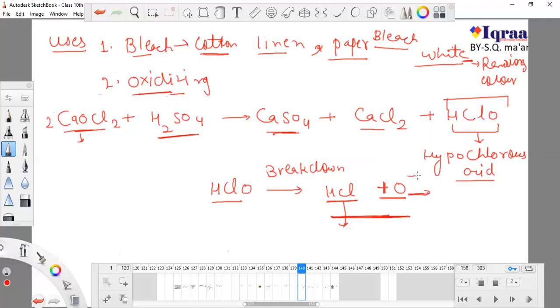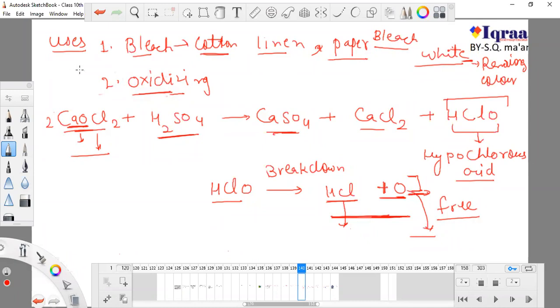This oxygen is freed in this process from the calcium oxychloride, and it can kill anything. If we come in contact with calcium oxychloride at higher levels or in a much higher amount, it can cause our death, because it can give us this atomic form of oxygen.